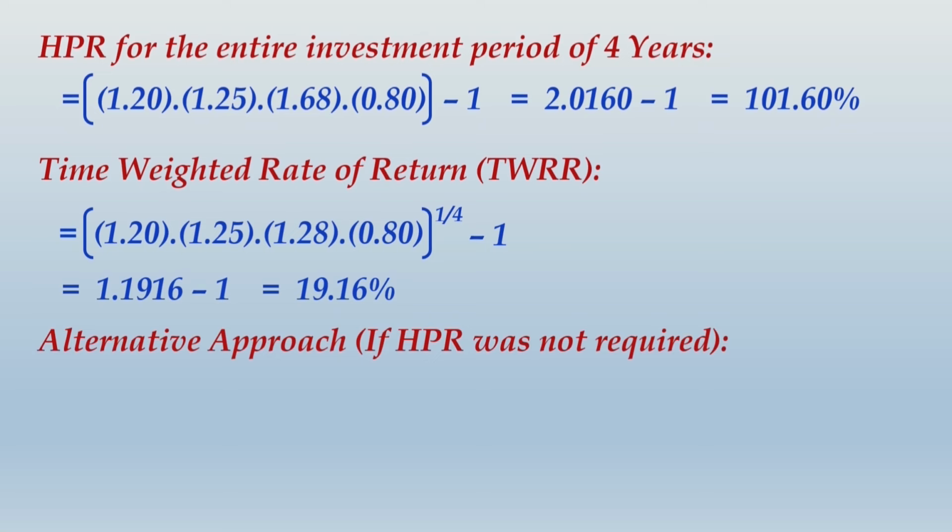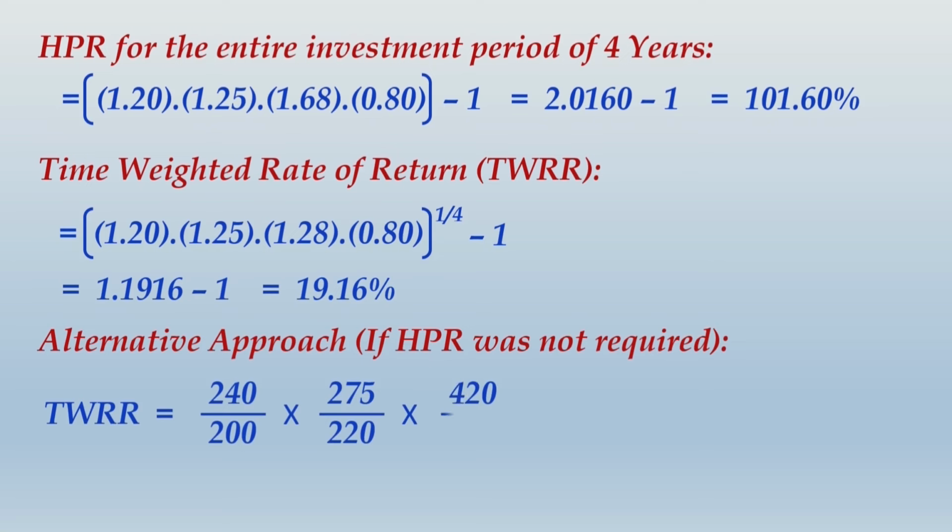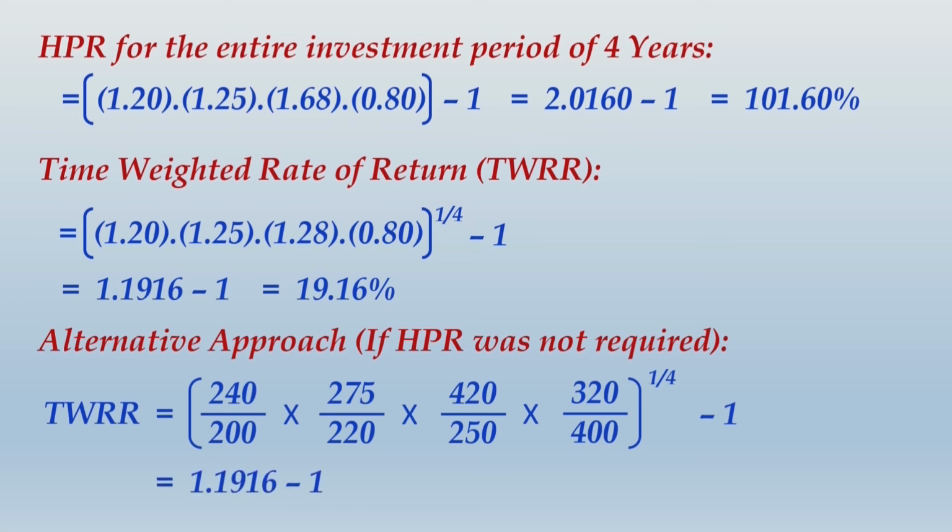Alternative approach, if HPR was not required, I have explained to you this direct approach in the previous example itself. If HPR was not required in the example, then you could have done the calculation this way and you would obtain the same result, that is 19.16%. So 19.16% is the time weighted rate of return.